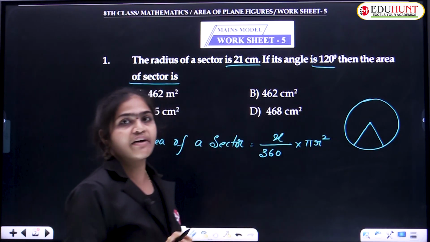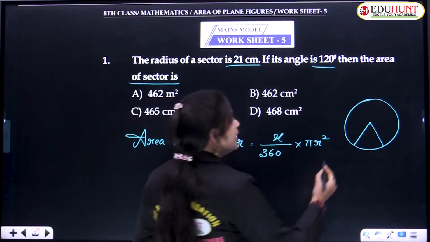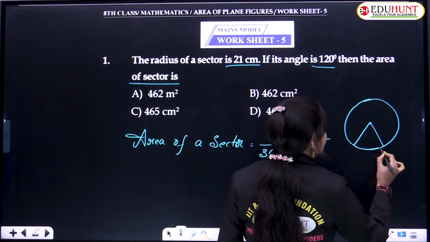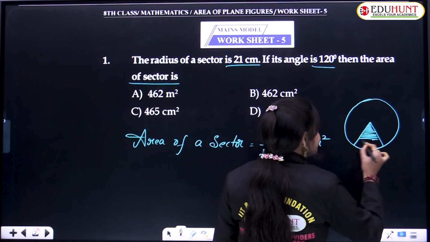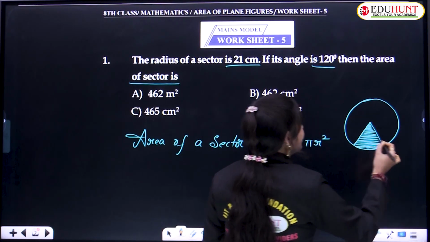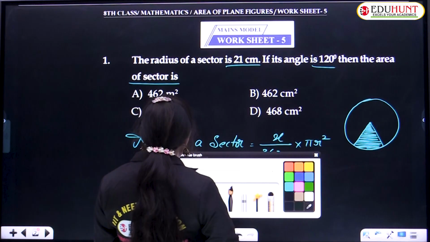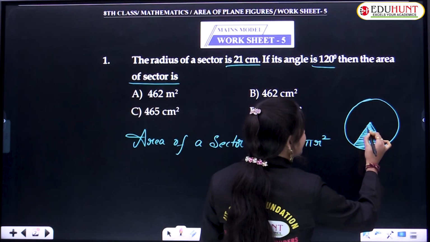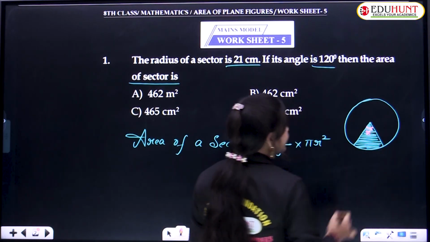The part which is covered by the two radii of the circle, along with the length of the arc, this part is called a sector. In this sector, x is the angle made by the sector at the center point. Here this is x degrees.